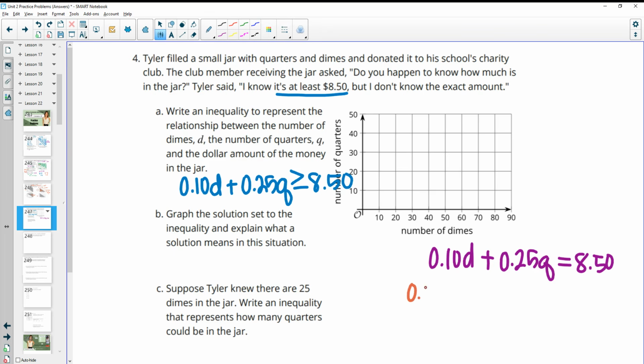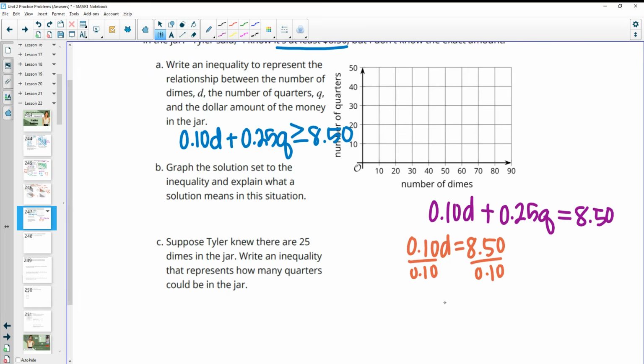So if I had just dimes in this situation, so if I had $8.50 in dimes, we divide $8.50 by 0.1. And we would find out that if they were all dimes, we would need 85 of them.